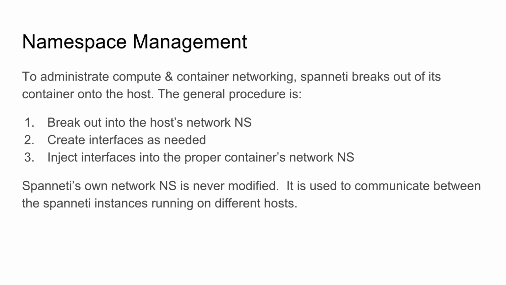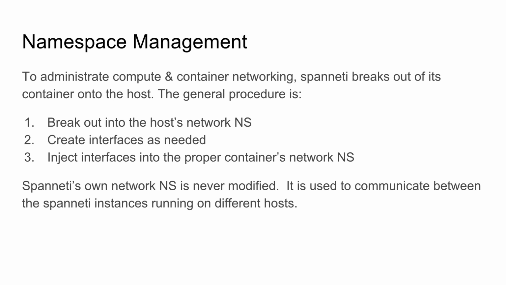In Spanneti's case, it's an exception. It actually runs in the global process space. This is an option you can enable on a Kubernetes container or on a Docker Swarm container or just on a Docker container. Basically, it gives Spanneti access to the host process space.